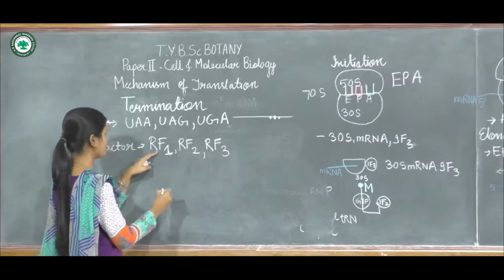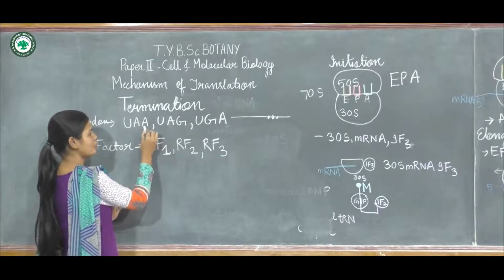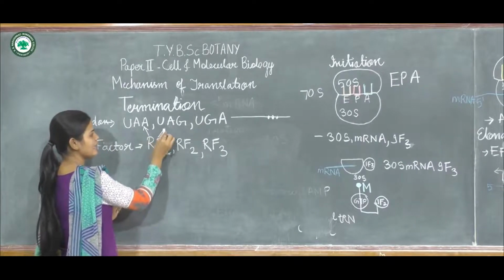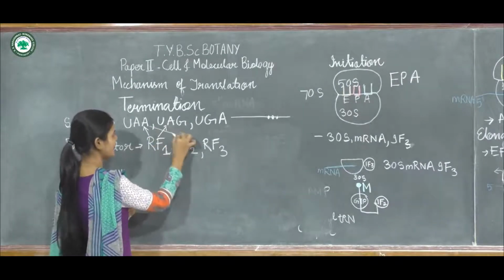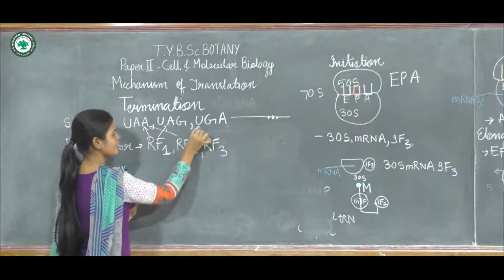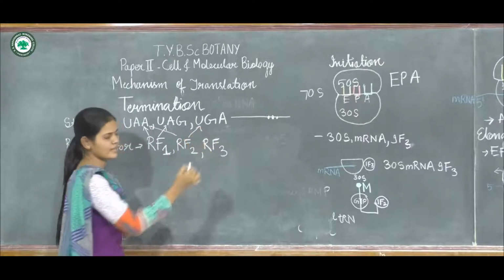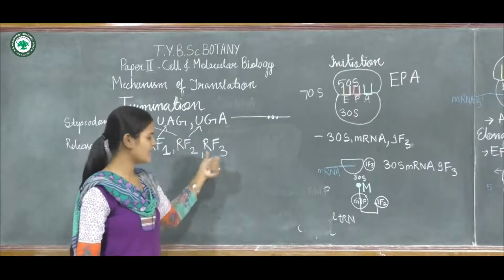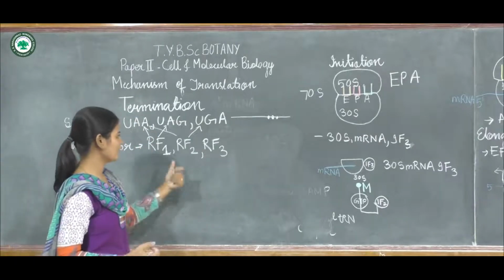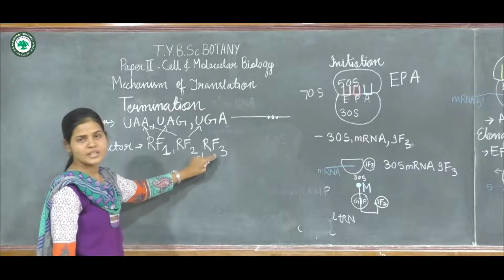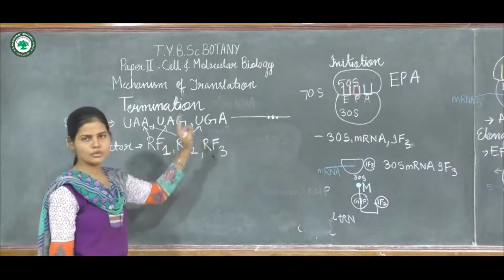Release factor 1 recognizes the stop codons UAA and UAG. Release factor 2 recognizes the codons UAA and UGA, and release factor 3 can recognize any of the codons depending on the situation. So it can bind to any of the stop codons.